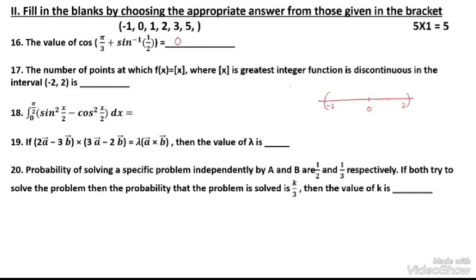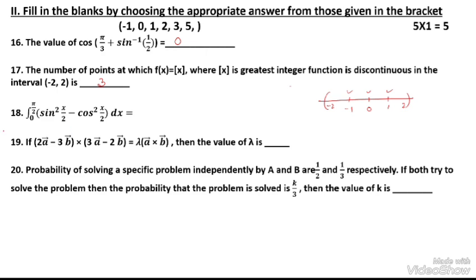Here there is 0, 1 and minus 1. Neglecting minus 2 and 2, we have to take the whole numbers. Greatest integer function means we must consider the whole numbers, here minus 1, 0 and 1. Therefore, there are 3 discontinuous points. The answer is 3.